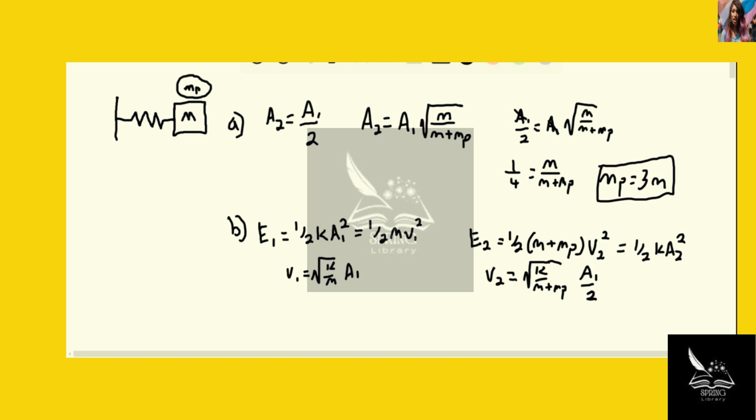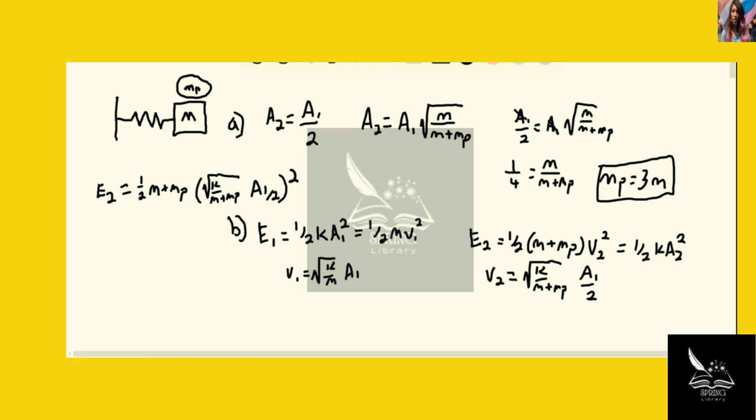So we're going to have E2 is going to be equal to 1/2 the mass plus the mass of the putty times the square root of K over mass plus mass putty times A1 divided by 2, and that whole quantity is going to be squared.